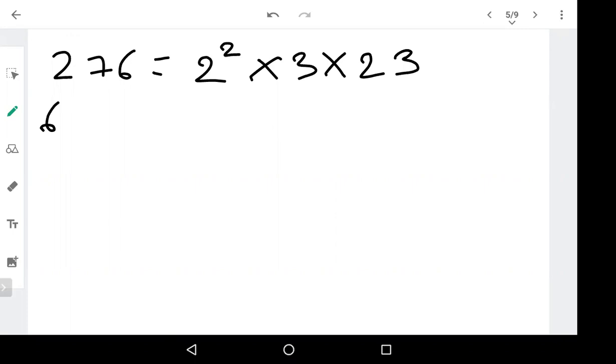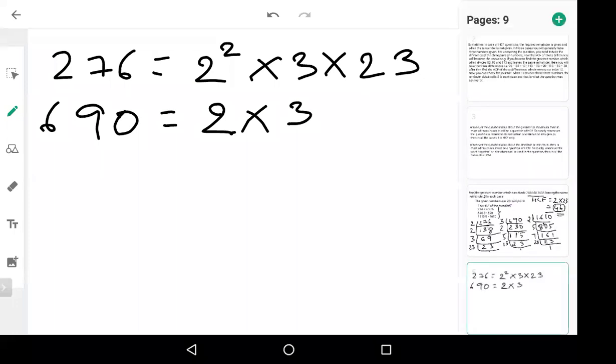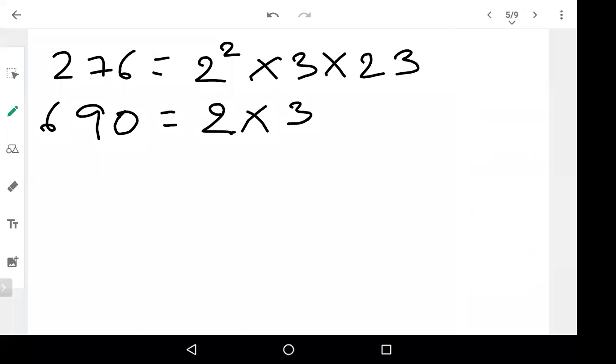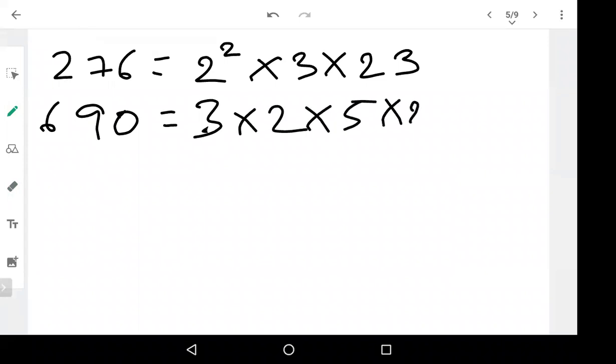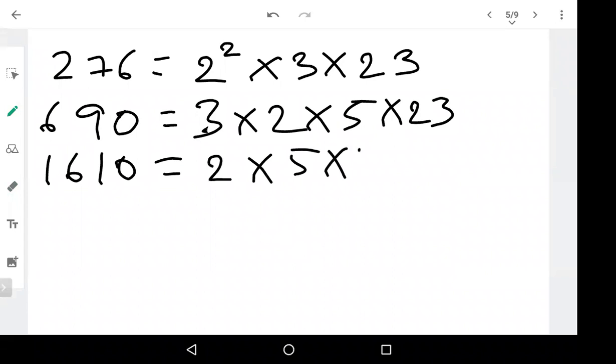Then 690 is 3 into 2 into 5 into 23. Okay, and then for the last one, 1610 is equal to 2 into 5 into 7 into 23.